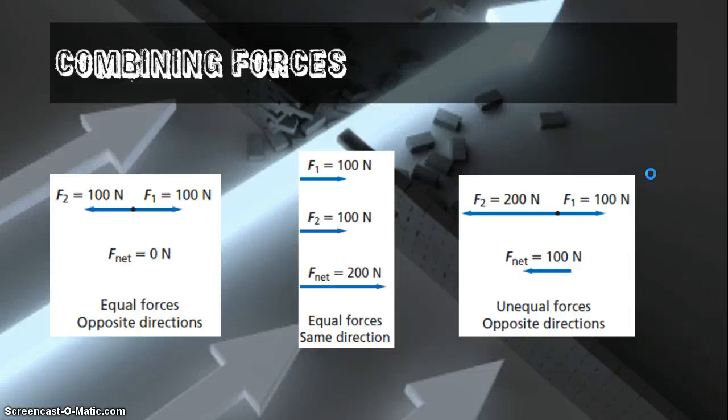And if the person on the right put a stronger force of 200 newtons on the table, and the other person still kept a constant 100 newtons to the right, the net force would then be 100 newtons to the left, or since we defined right as positive, it would be negative 100 newtons.